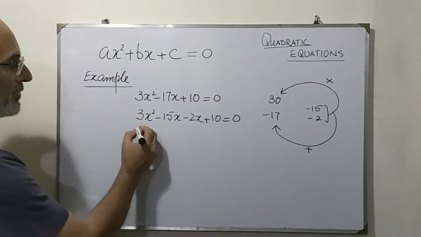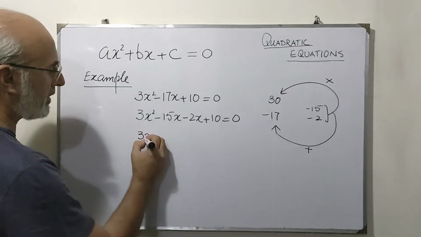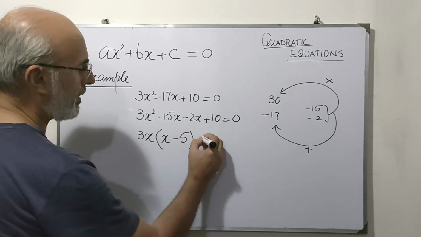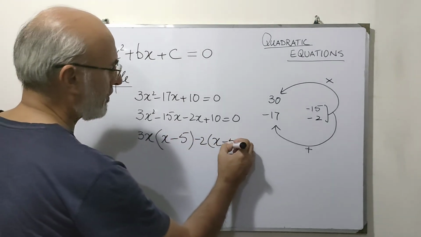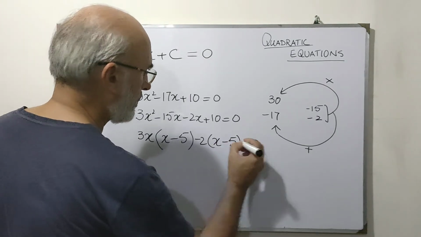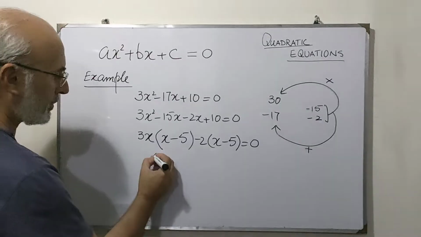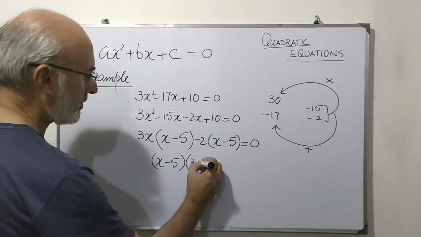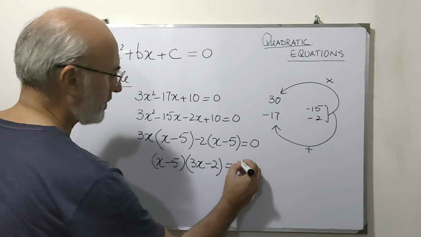Okay? So 3x is common. So 3x minus 2, x minus 5 equals 0. So x minus 5 into 3x minus 2 equals 0.